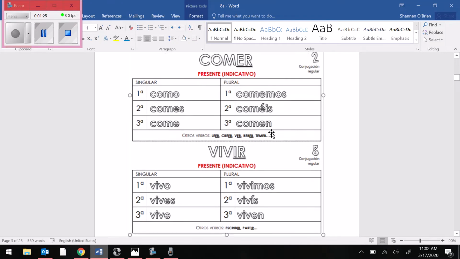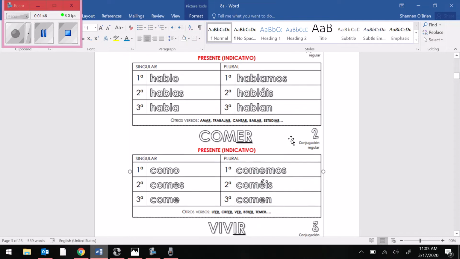I would do the same thing with comer: o, es, e, emos, éis, and en. And then down for your IR verb: o, es, e, imos, ís, and en. Okay, that is the only part that you would need to color blue on that page.